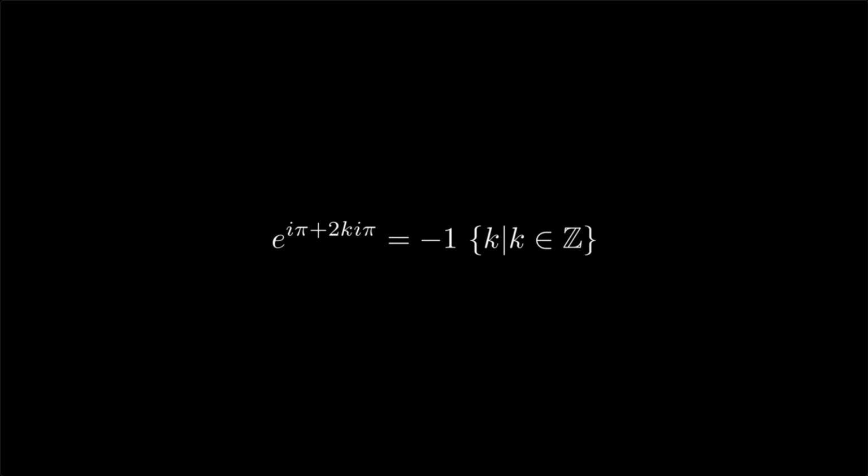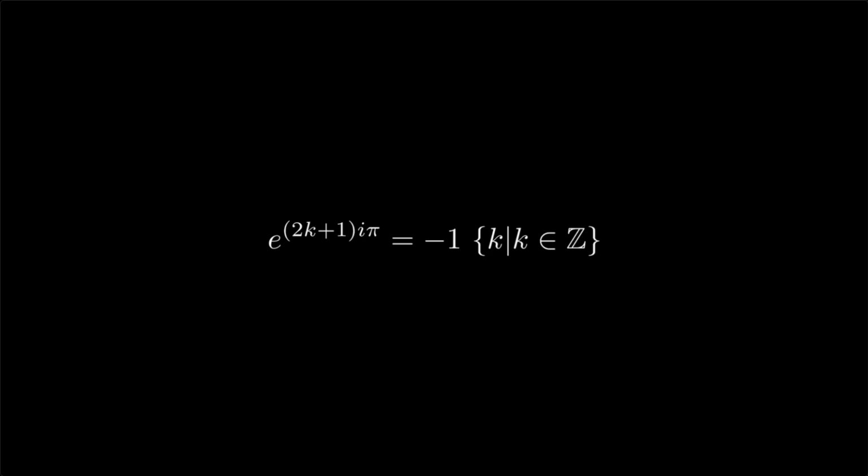And so we can factor out this i pi, and we can make a general formula for negative 1, and we see that negative 1 is equal to e to the (2k plus 1) multiplied by i pi, where k is any integer.